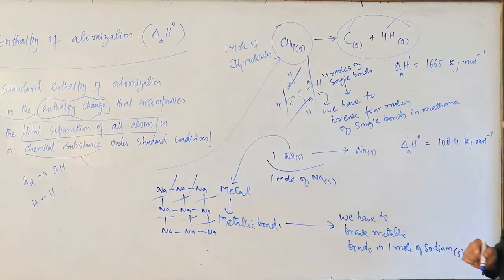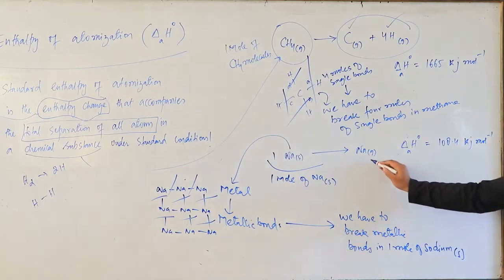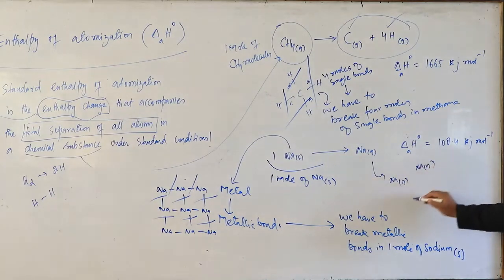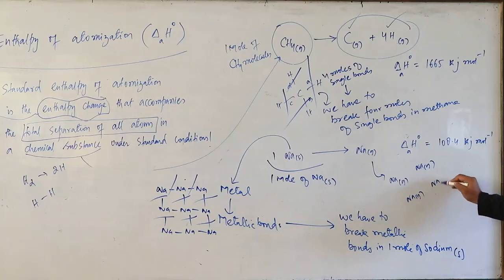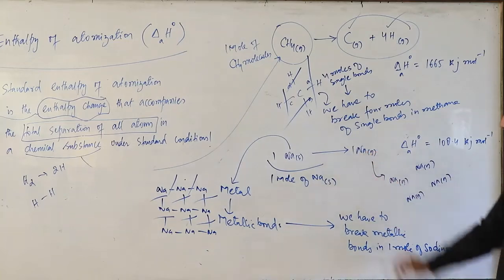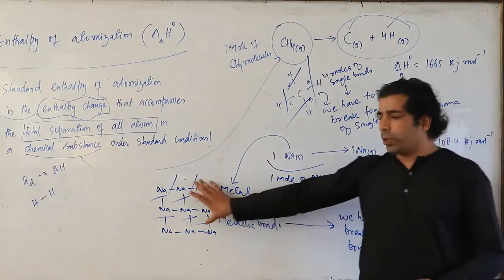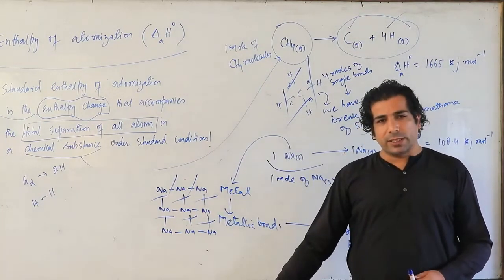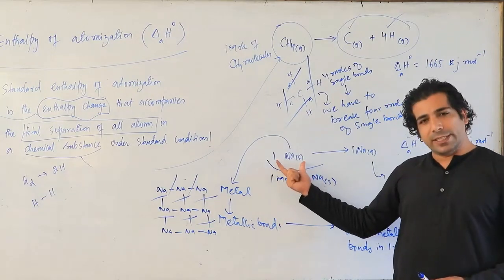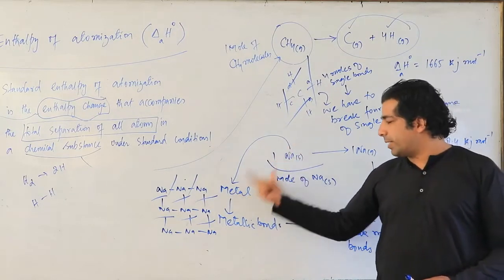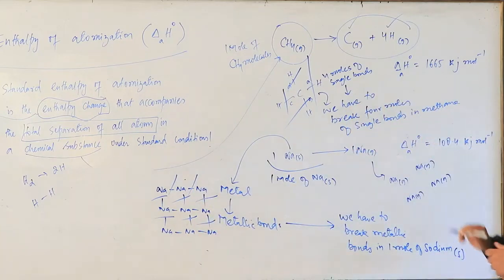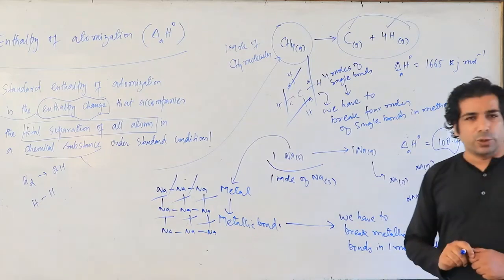That means in sodium gas, you will have sodium atoms like this. So it's also 1 mole. Between sodium atoms there was a metallic bond, and you have broken the metallic bonds in the sodium which was in solid state, by providing this much energy. How much energy? 108.4 kilojoules you have provided.